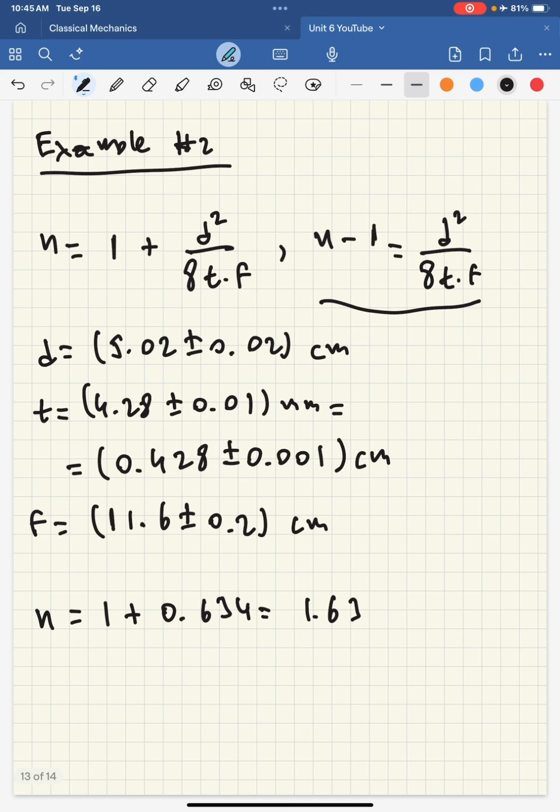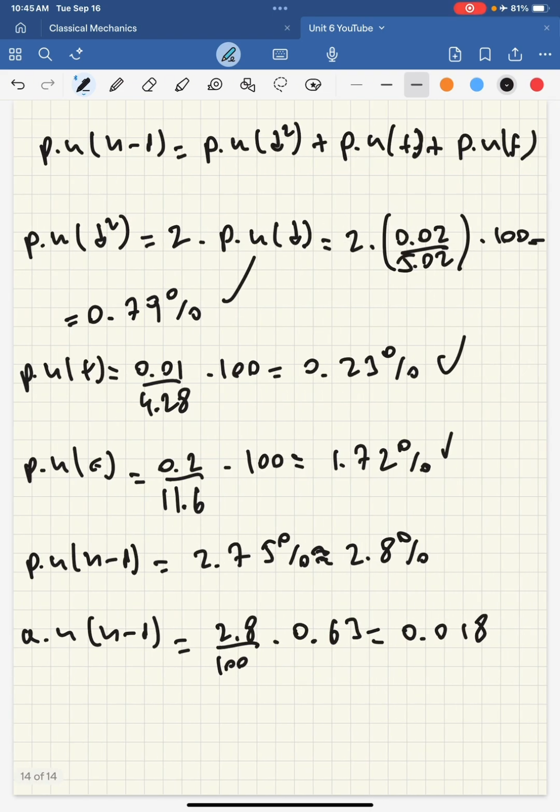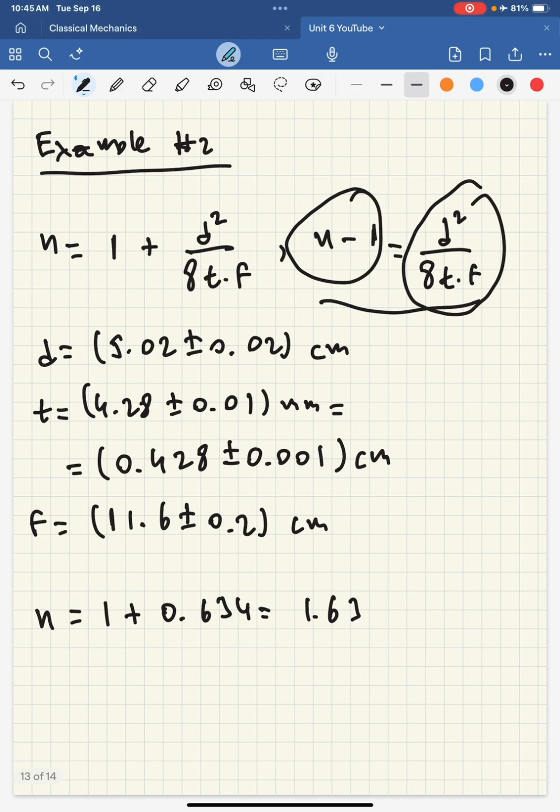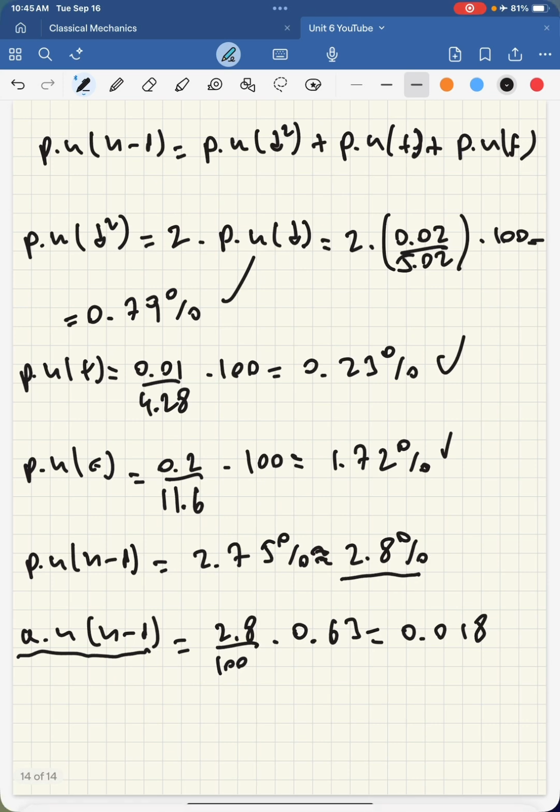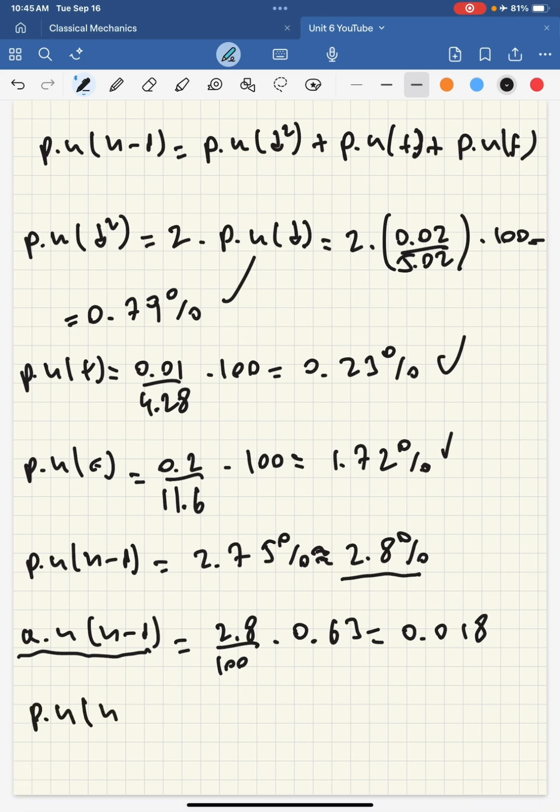The reason why I solved for n minus 1, now I remembered it, is because 1 is a constant. So if you need to find the percentage uncertainty in this quantity, which is given in terms of measured quantities, we found this over here, and then we find the absolute uncertainty by multiplying with the value itself, and the value itself is 0.63. The last step is to find the percentage uncertainty in n by dividing the absolute uncertainty.